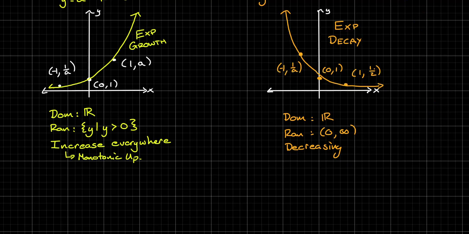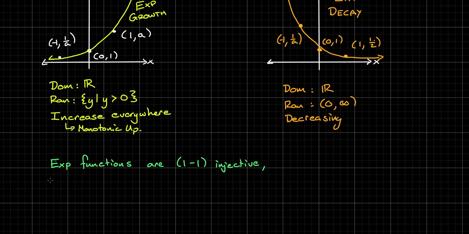What we wind up seeing in our big summative statement here: exponential functions are 1-to-1, or injective is the fancy word for that. And the reason that this is significant is that these things are injective, it implies an inverse exists.